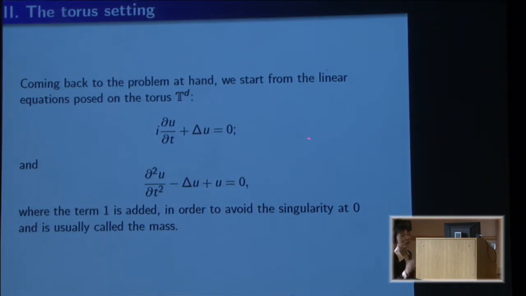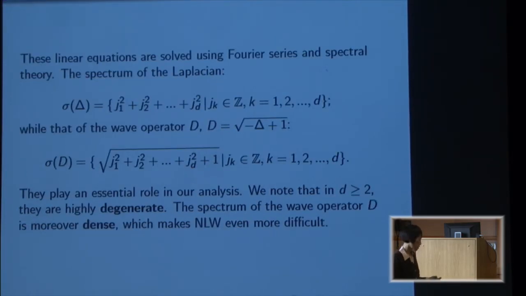You see the bad effect of singularity. Here this is avoided, and it is usually called the mass. When you add the mass 1, it's also called the nonlinear Klein-Gordon equation. So we avoid the singularity.